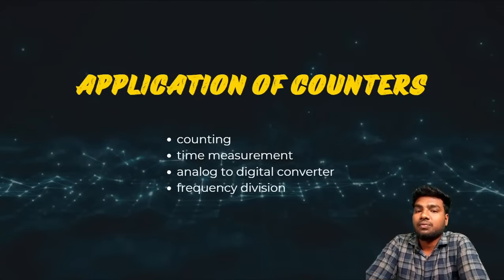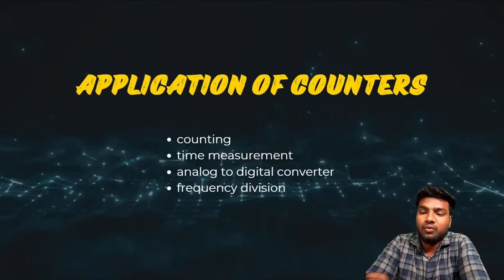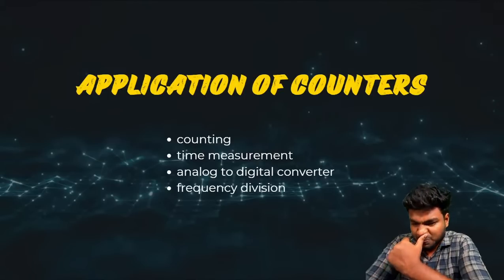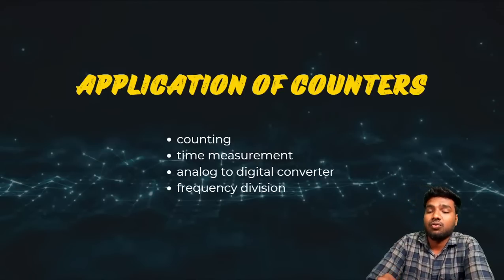There is one formula: output frequency by input frequency. Say the output frequency is 100 megahertz and my current input frequency is 50 megahertz. We'll see in the upcoming sessions how counters work in frequency division. So these are the applications of counters.